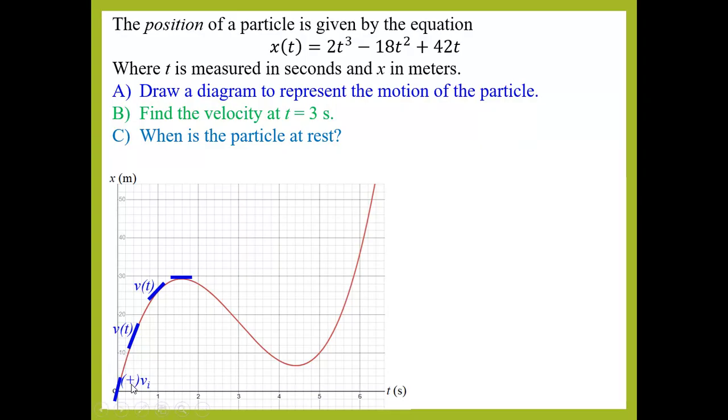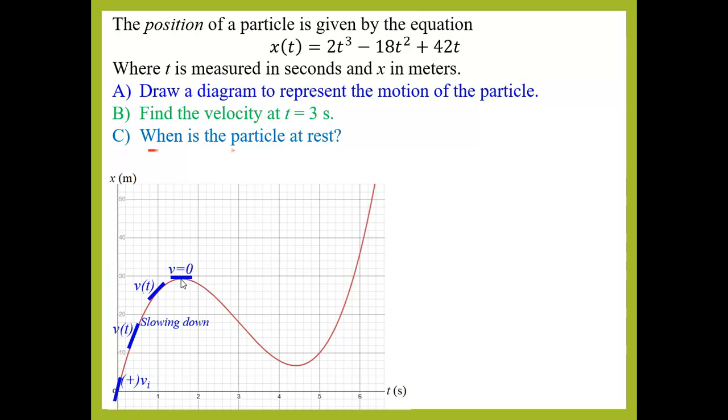It's positive velocity, so it's moving to the right, but it's slowing down because the tangent line keeps getting more gradual. It eventually approaches 0. So at the peak here, the object changes direction. The tangent line is 0 because in order for an object to change direction, it must come to a stop momentarily. So right away, for this first segment, I can definitively know that the object is slowing down as it's moving to the right.